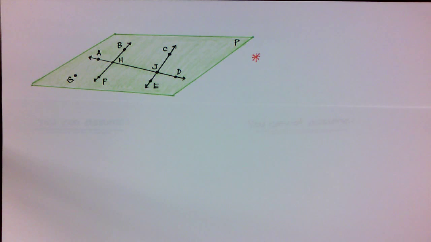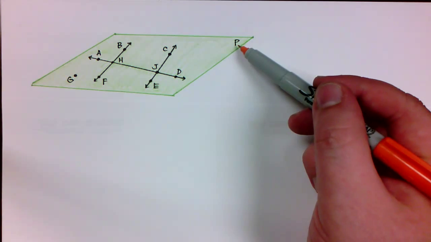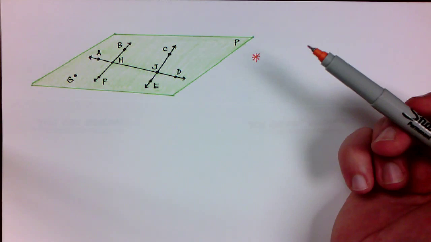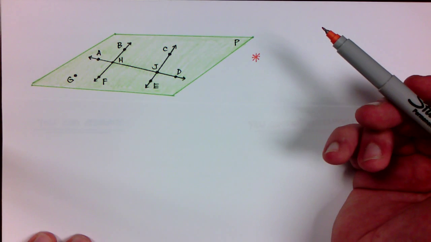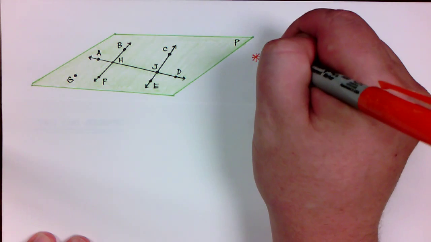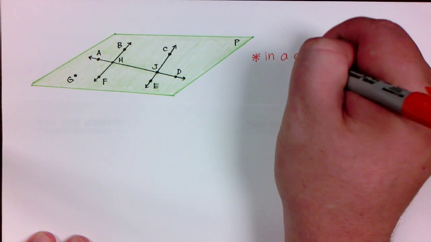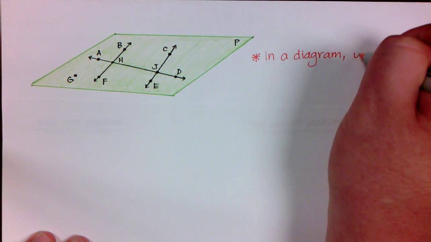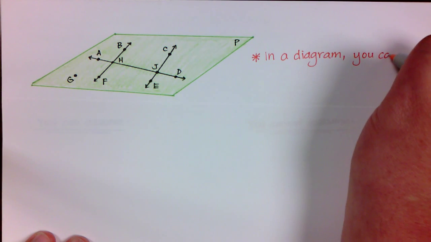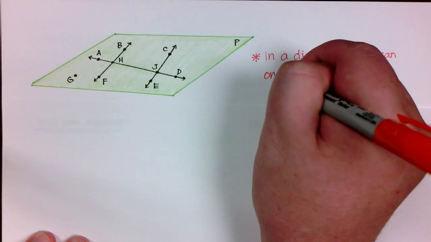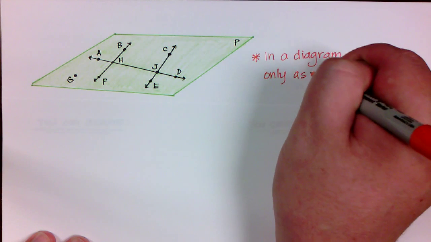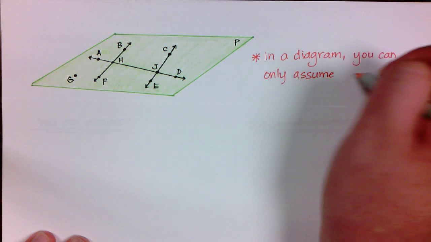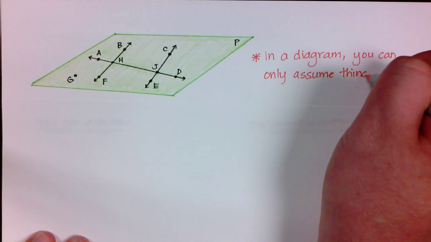You can see that there's many lines that are already drawn. I know the name of it is plane P, if I just wanted to give it a single letter name. And I want to stress that in a diagram, you can only assume things that are marked.